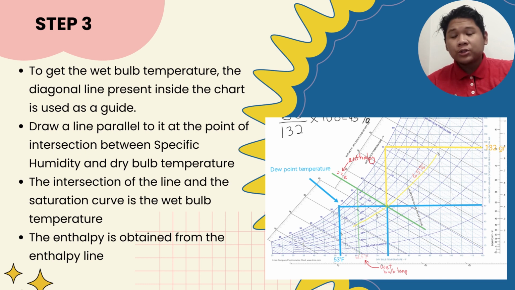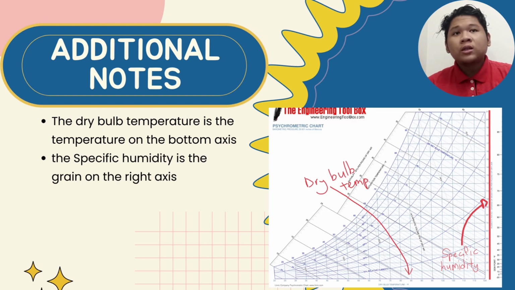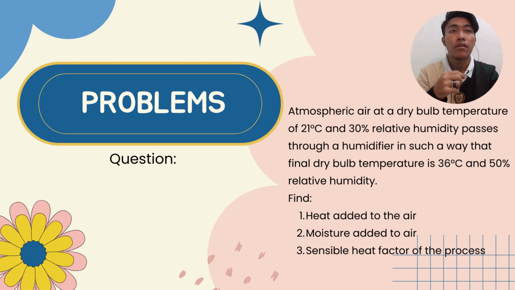The temperature at the saturation curve is the wet bulb temperature, and pull until it reaches the diagonal lines that look like a ruler, and that is the enthalpy value. As an additional note, the dry bulb temperature is the temperature on the bottom axis, as it already indicates, and the specific humidity is the grain on the right axis.